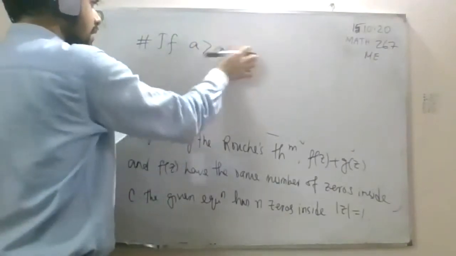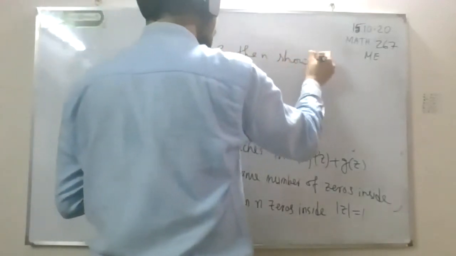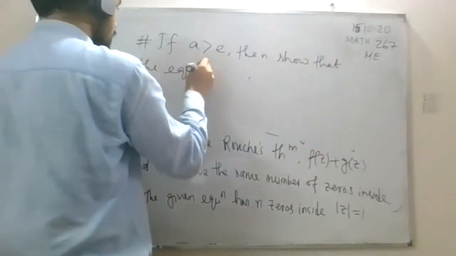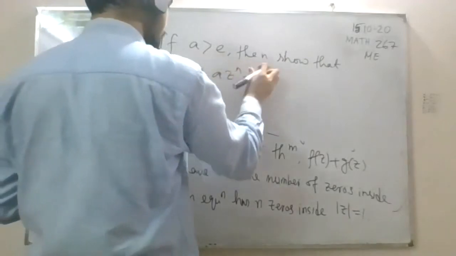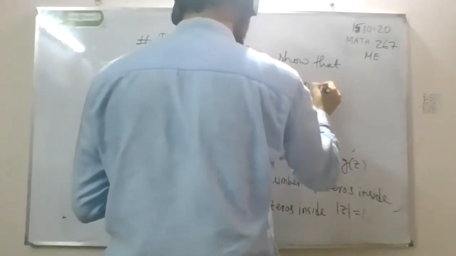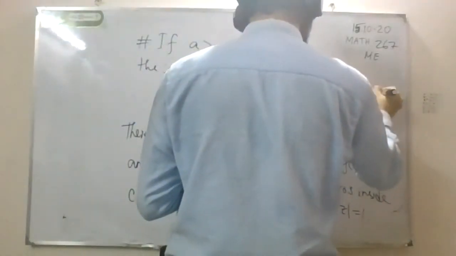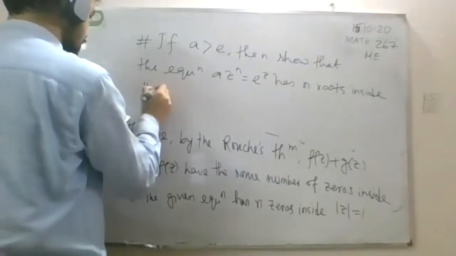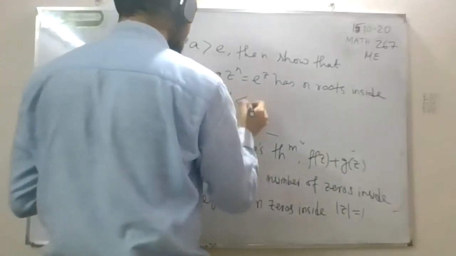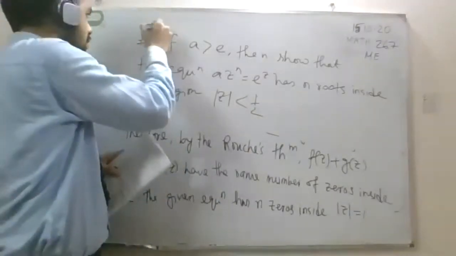If a is greater than, then show that the equation has roots in the region modulus of z is less than 1 by 2. Okay, so this is your homework. Just practice.